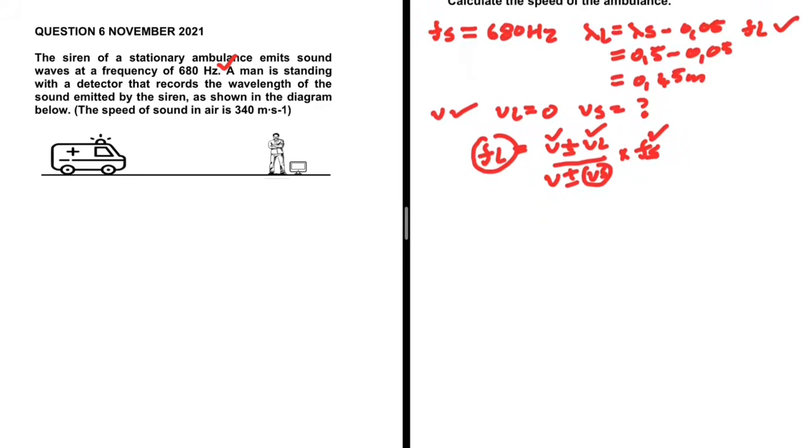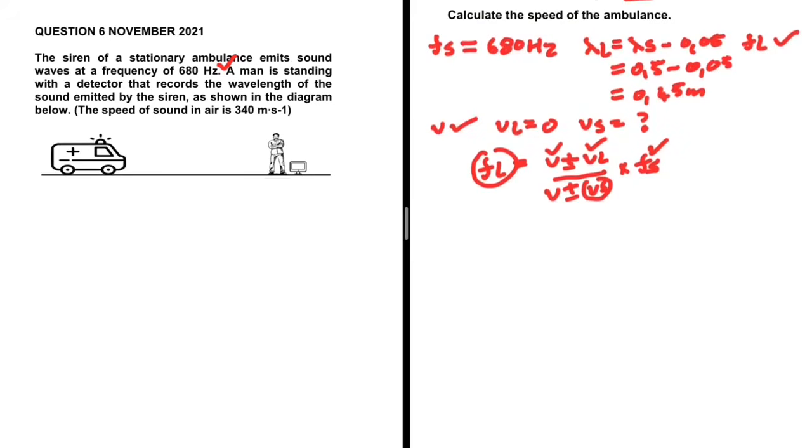In order to calculate FL, we're going to say that frequency is velocity divided by wavelength. We have the velocity, which is 340, and the wavelength, which is 0.45.